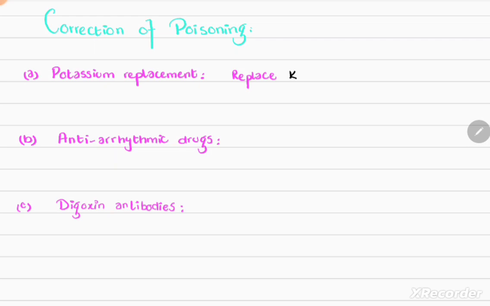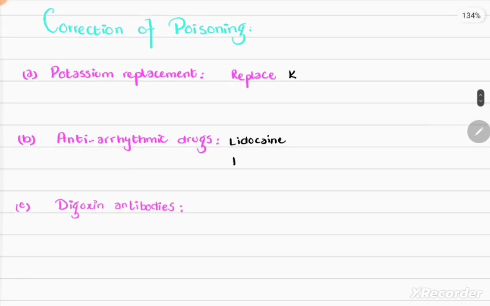Second, if the patient has arrhythmias, or if the patient is suffering from ventricular tachycardia or ventricular fibrillation, we will give antiarrhythmic drugs such as lidocaine or phenytoin, or any beta blocker such as propranolol.